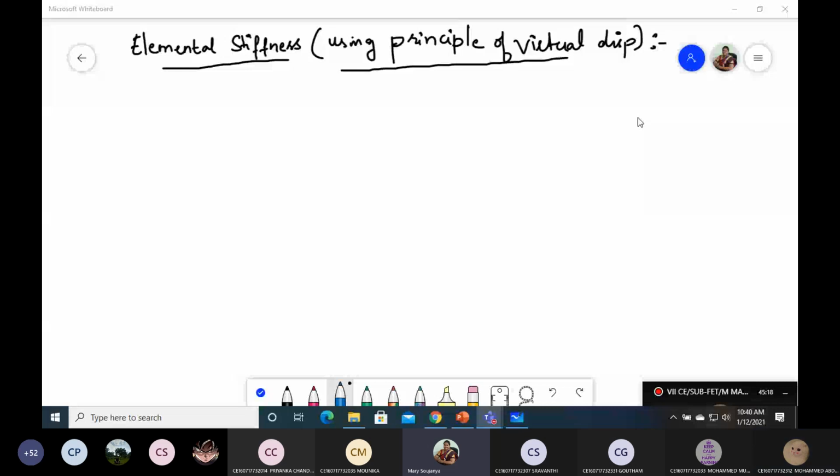The method in which we looked into virtual displacement is Galerkin's method. Just in case anybody doesn't remember, please go back to Galerkin's method and check the principle of virtual displacement. We are going to apply that principle to the determination of the elemental stiffness for the element. All right, thank you.